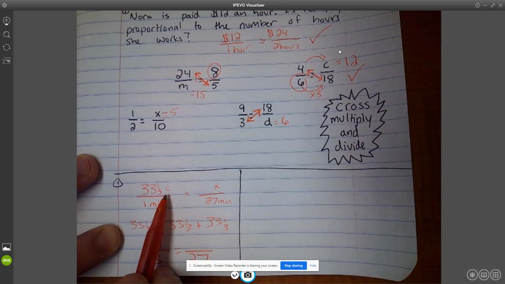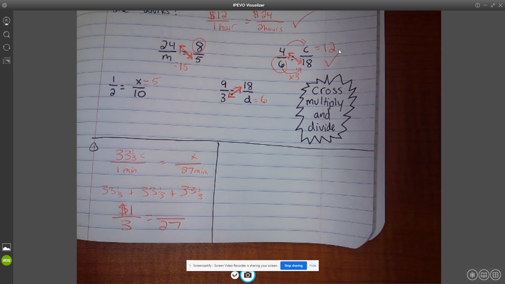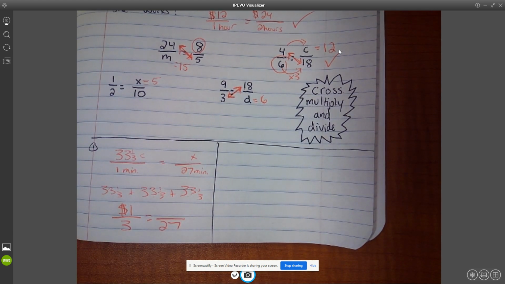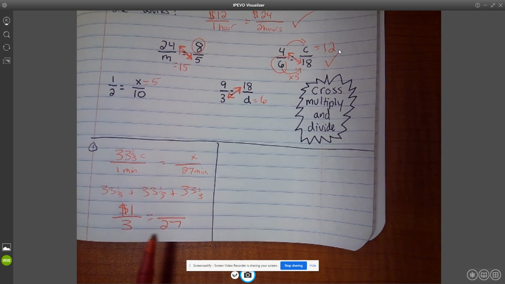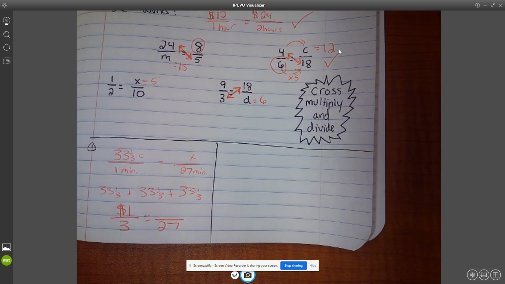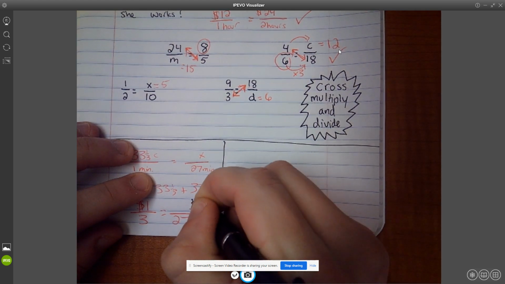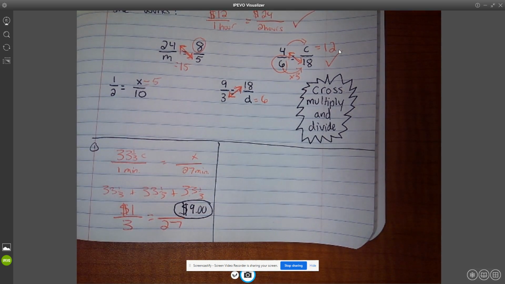And so I changed my cents to dollars just because I think that's a little bit easier for my math here. I can still cross multiply and divide this and get my answer in cents, but that would be a large number. 1 times 27 is 27. Divided by 3 is 9. So that would be an extra $9. Again, we could have done that in cents, but $9 makes a lot more sense.